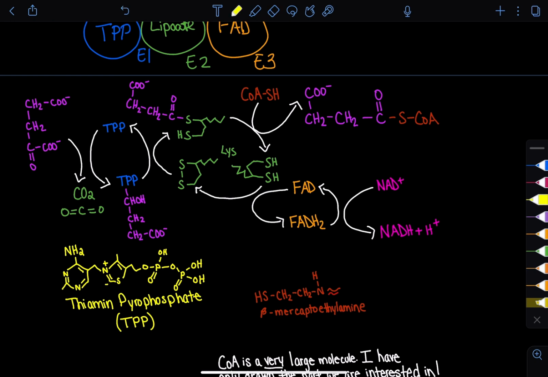So when we had TPP and it bound to the decarboxylated alpha-ketoglutarate, it was regenerated when lipolysine picked up the decarboxylated alpha-ketoglutarate. And in order to regenerate lipolysine, we simply oxidized lipolysine over here and passed on the electrons to FAD. And then we needed to regenerate FAD, so we passed the electrons from FADH2 to NAD+, to get NADH and H+.